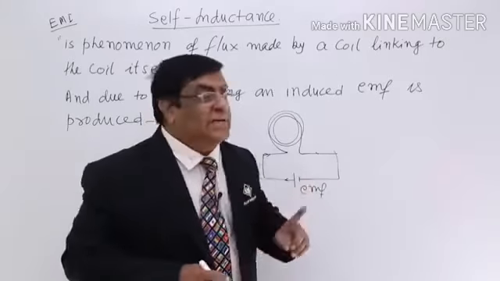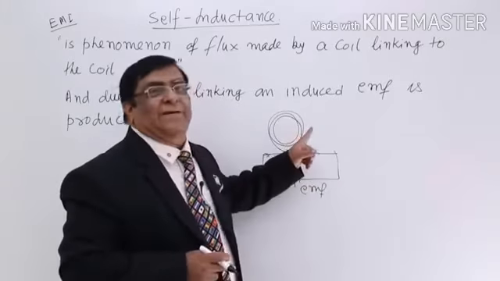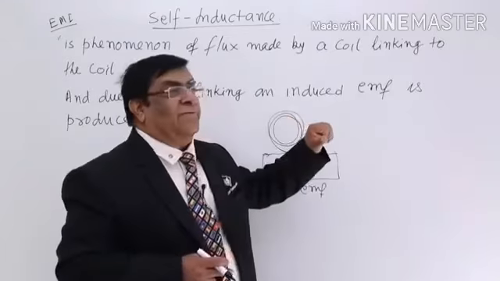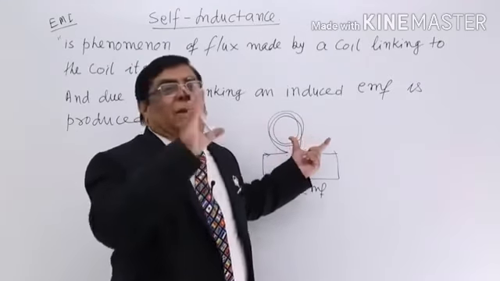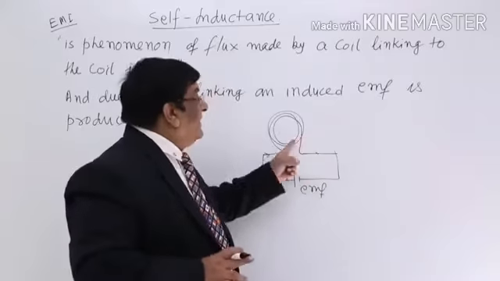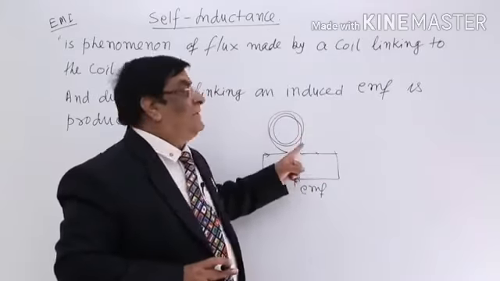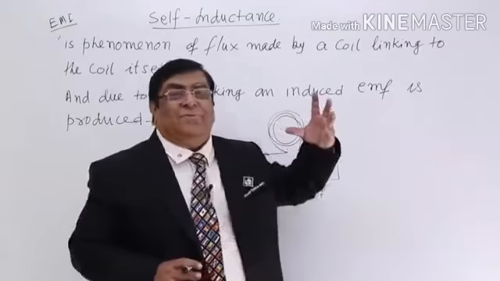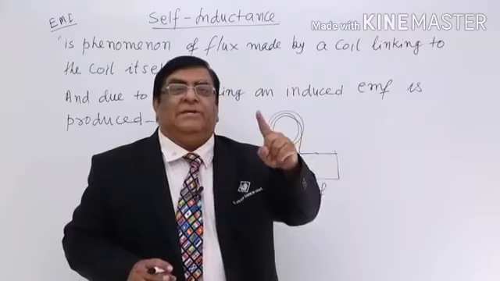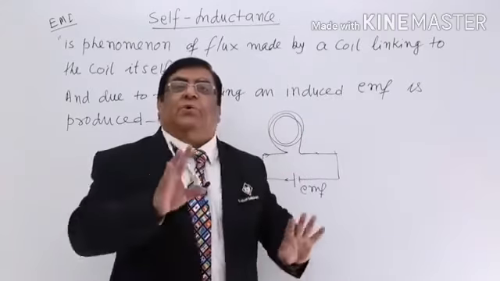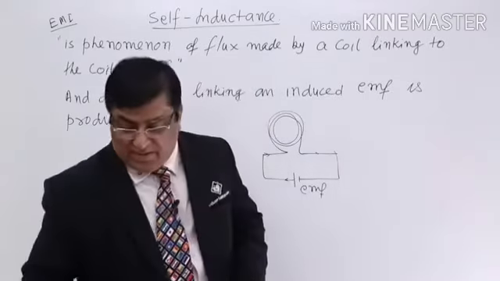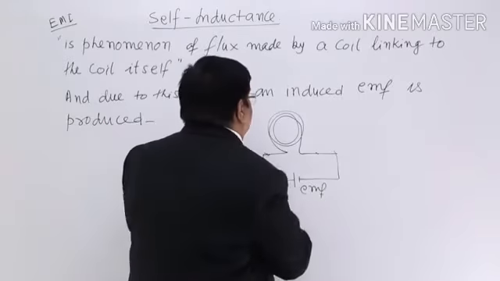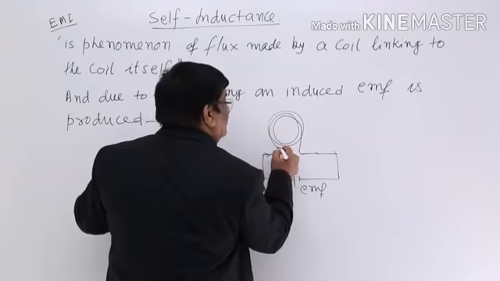By any reason there is a change in the current. There will be a change in the magnetic field, a change in the flux, and Faraday's law applies. If there is a change in the flux, then an EMF is induced to oppose the change. So in this coil, an EMF is induced in the opposite direction.